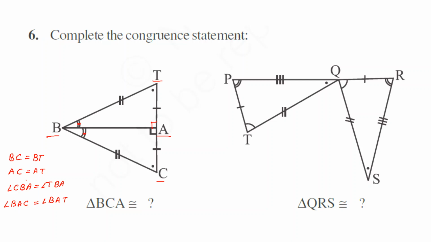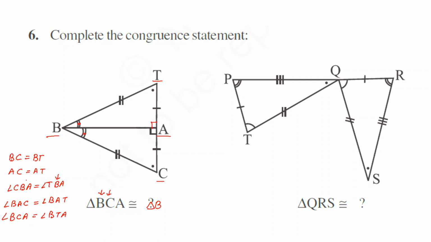And then these two dots are also made. That dots also suggest that angle BCA is equal to angle BTA. So now what we need to check, angle B is equal to angle B. So if it starts from BCA, this side also you will have a B first.